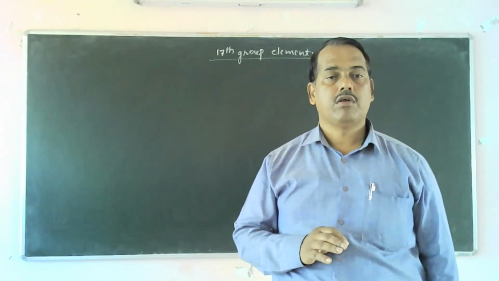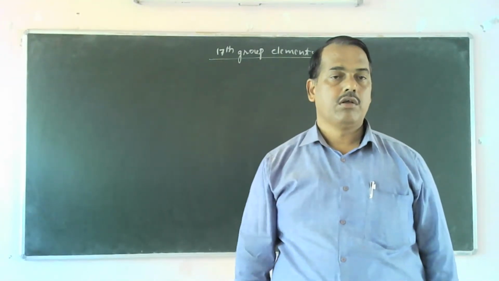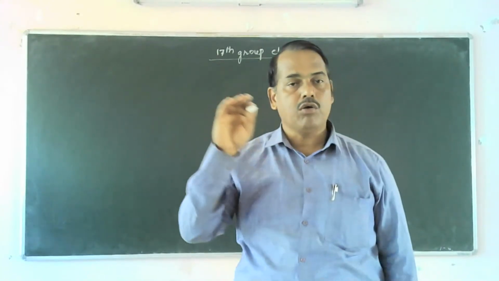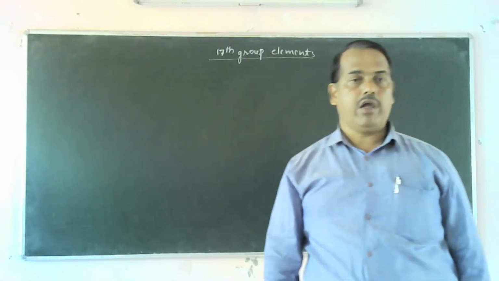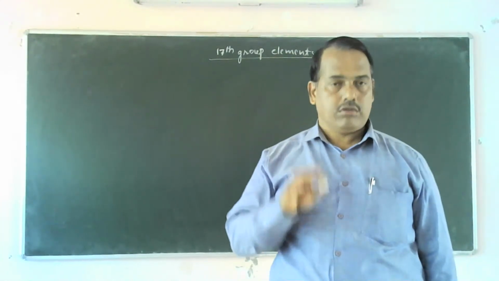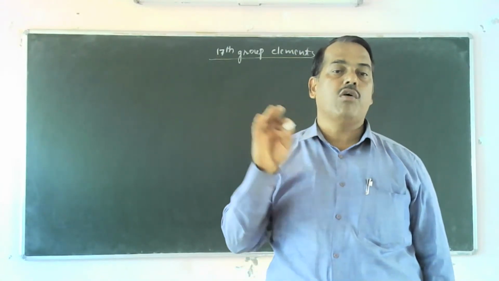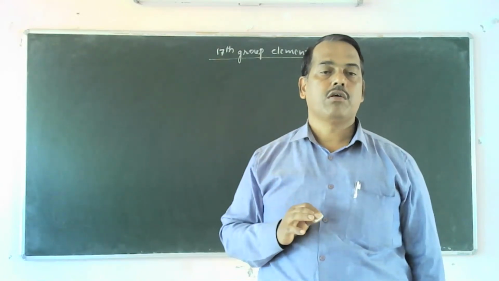In the Deacon's process, hydrochloric acid is oxidized in the presence of a catalyst, cupric chloride, CuCl2. Are you clear? Okay. Again, this chlorine gas is also obtained by the electrolysis of brine solution. What is brine solution?